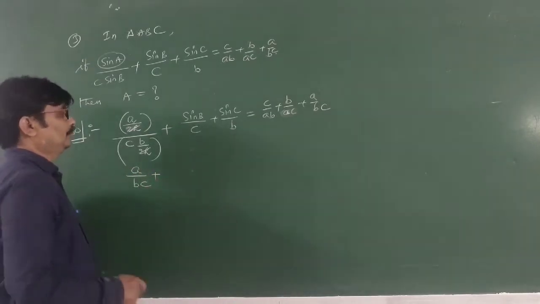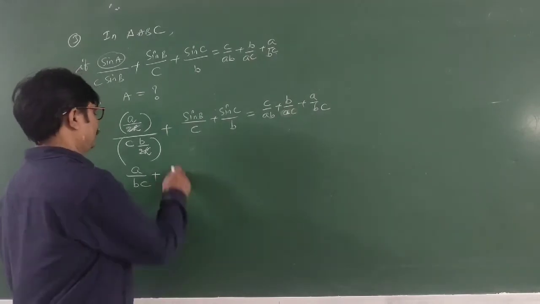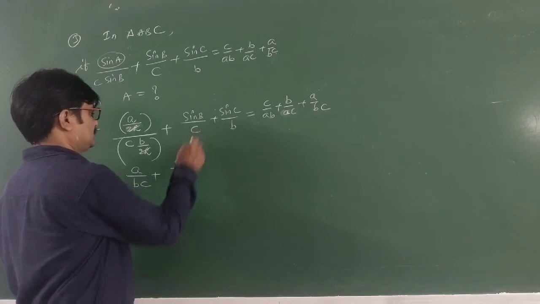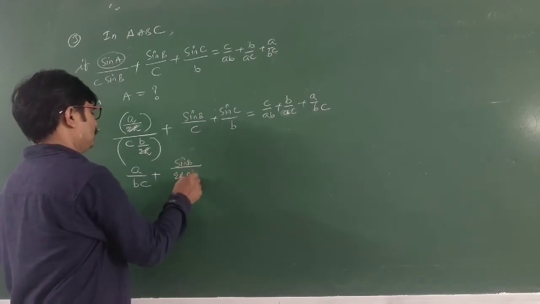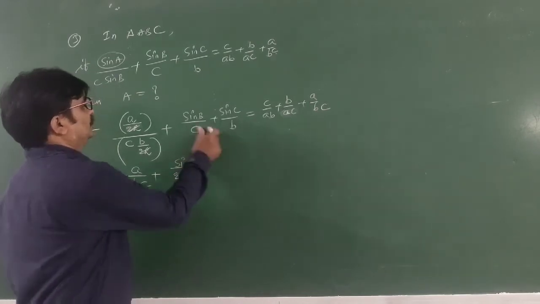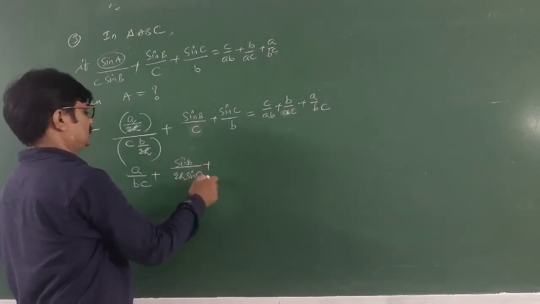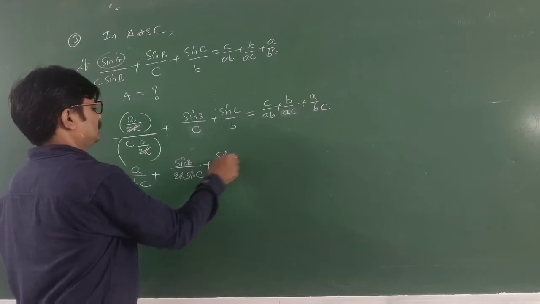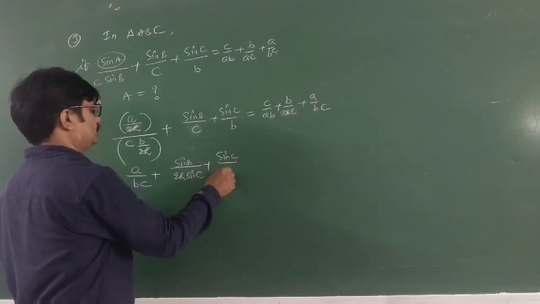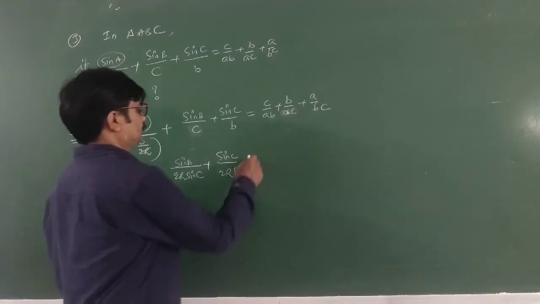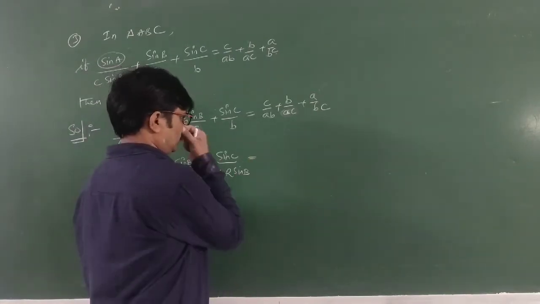So, my dear students, here we can write sin B. Taking c as 2R sin C, just one minute students, the small c is 2R sin C. Sin C by small b, from the sine rule, is 2R sin B. So what is it here?